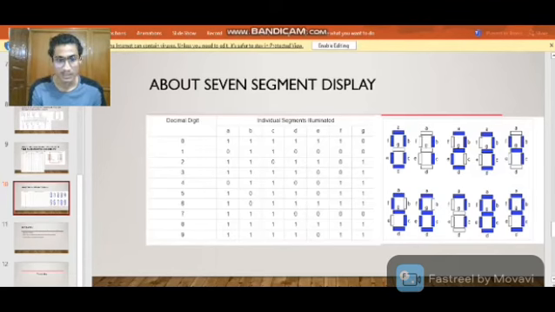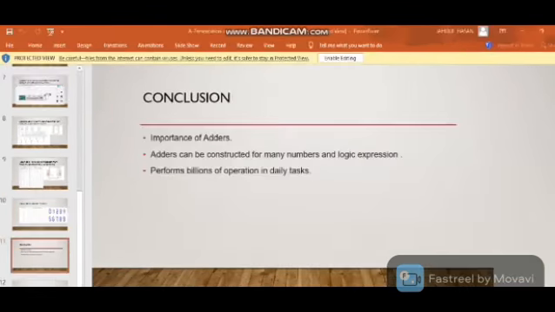For decimal digit 6, A, C, D, E, F, G are on and only B is 0. For decimal digit 7, A, B, C are on and everything else is 0. For decimal digit 8, A, B, C, D, E, F, G are all on, so everything is 1. For decimal digit 9, only E is off, so only E is 0 and everything else is 1.